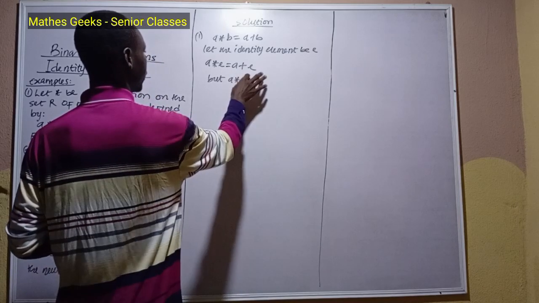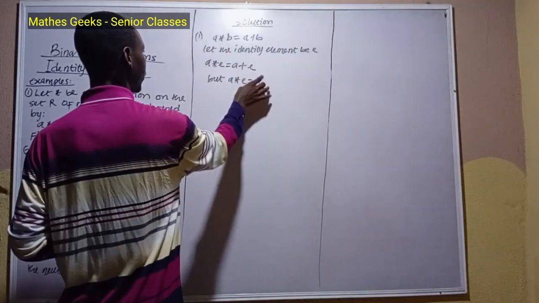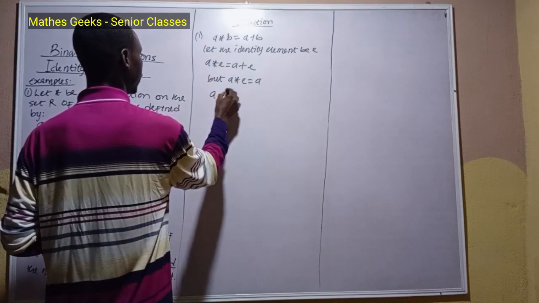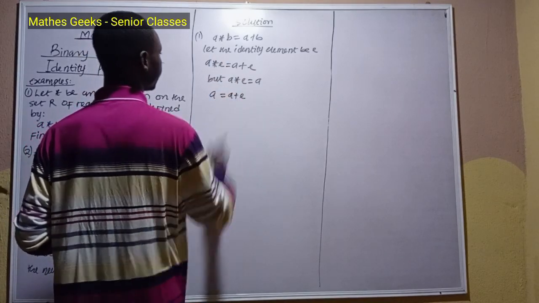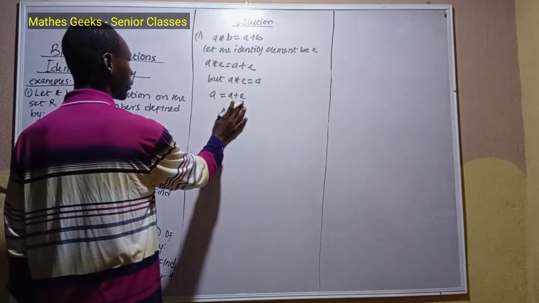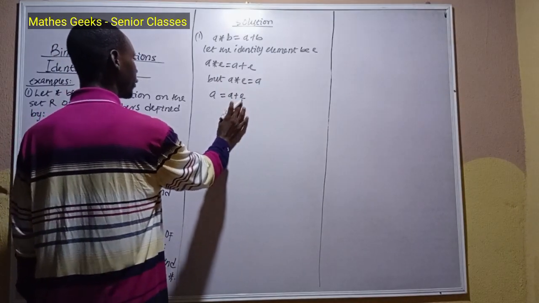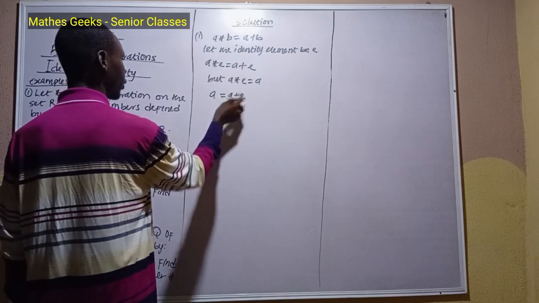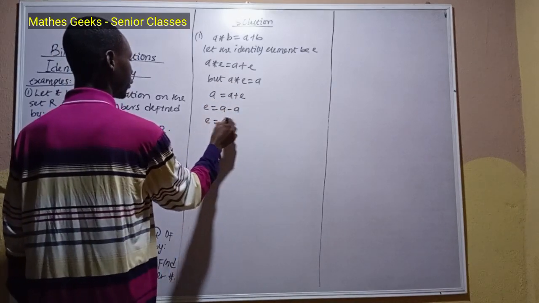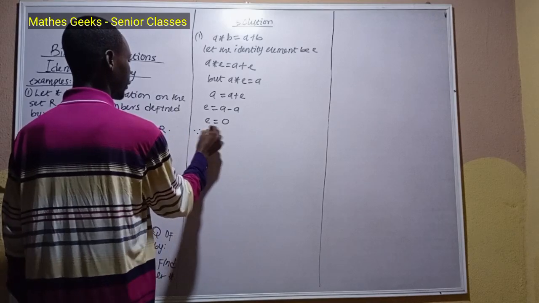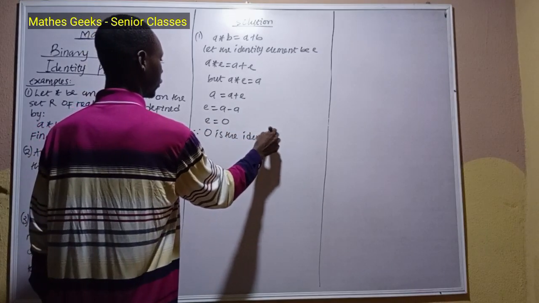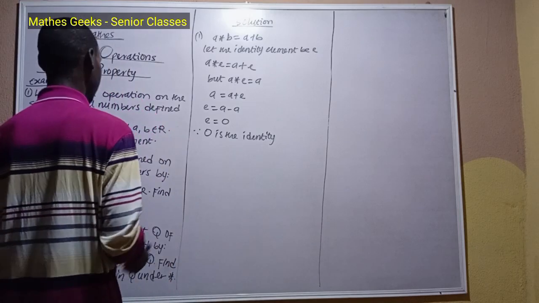So we put A in place of A star E here, so A is equal to A plus E. Since we want to get the value of E, we need to eliminate A from here. So E is equal to A minus A, so E is equal to 0. Therefore, 0 is the identity element.